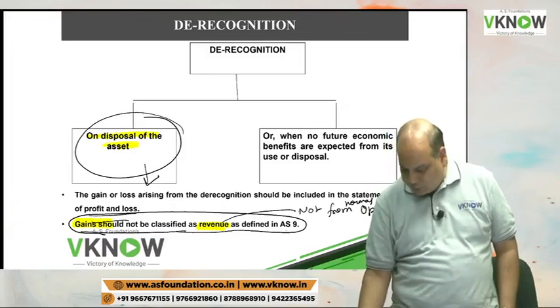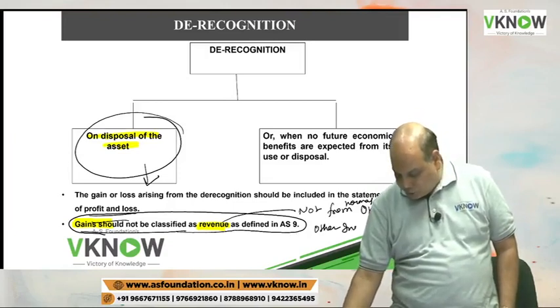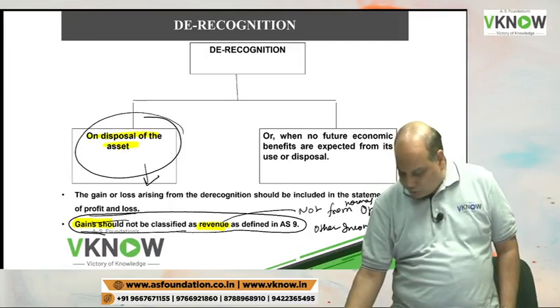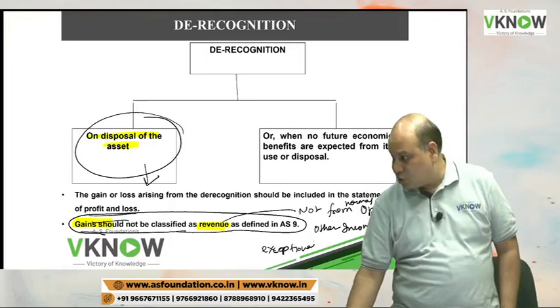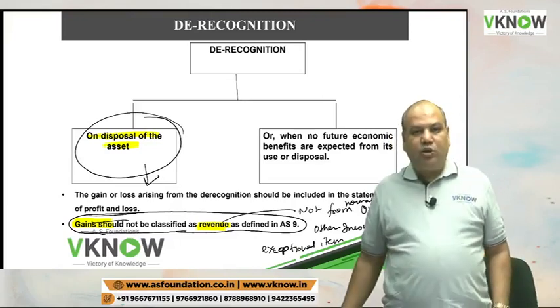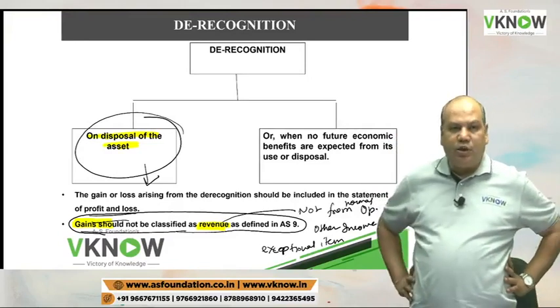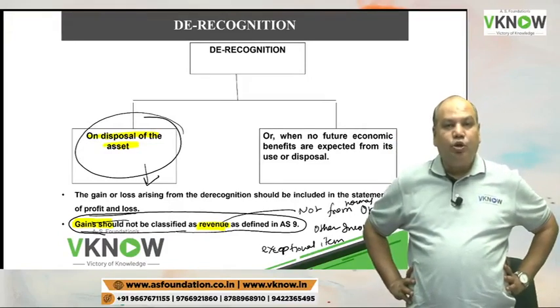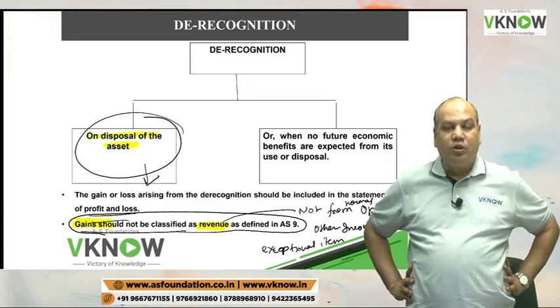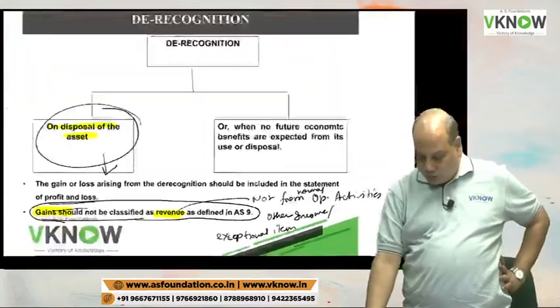So this gain will be shown in other income, not in revenue, or you may show it in exceptional item. Gain or loss on sale of PPE, you can put it in exceptional item or other income, but not in revenue from operations because it is not revenue from ordinary activities.